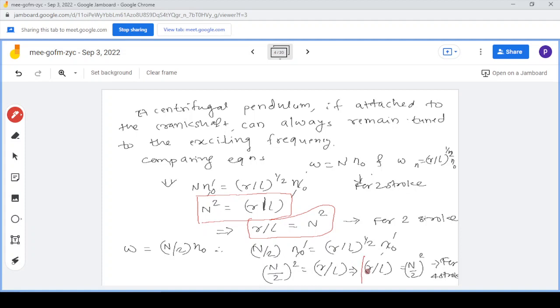Okay, so these are the two equations we get. R by L is equal to N square and R by L is equal to N by 2 square, right? These are the equations which will give us the necessary condition for self-tuning.